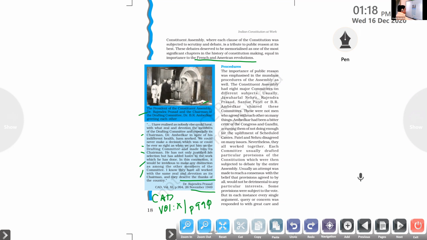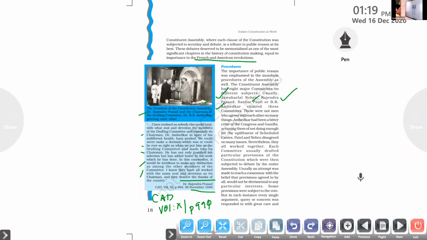Usually Jawaharlal Nehru, Dr. Rajendra Prasad, Sardar Patel, or Dr. B.R. Ambedkar chaired these committees. So the leaders of these different committees were basically Jawaharlal Nehru, Dr. Rajendra Prasad, Sardar Vallabhbhai Patel, and Dr. B.R. Ambedkar, who chaired all these 8 different committees.